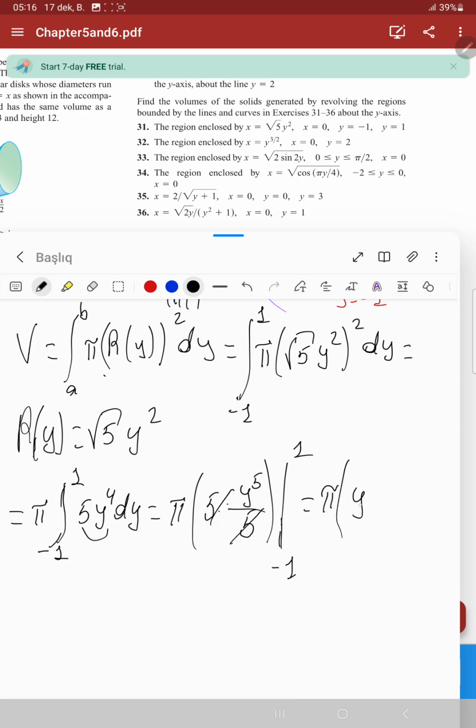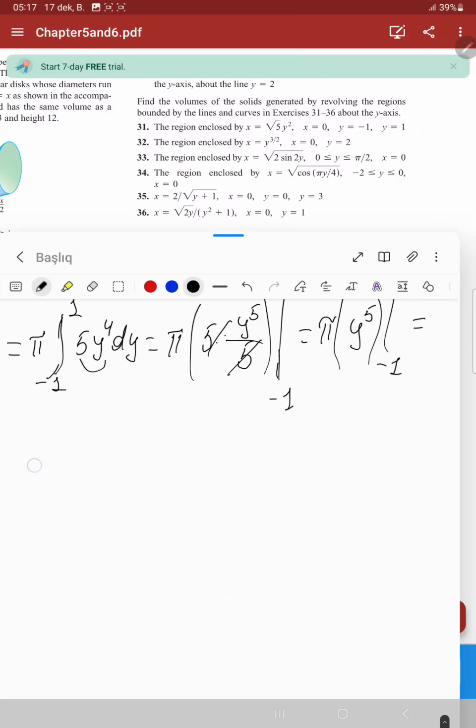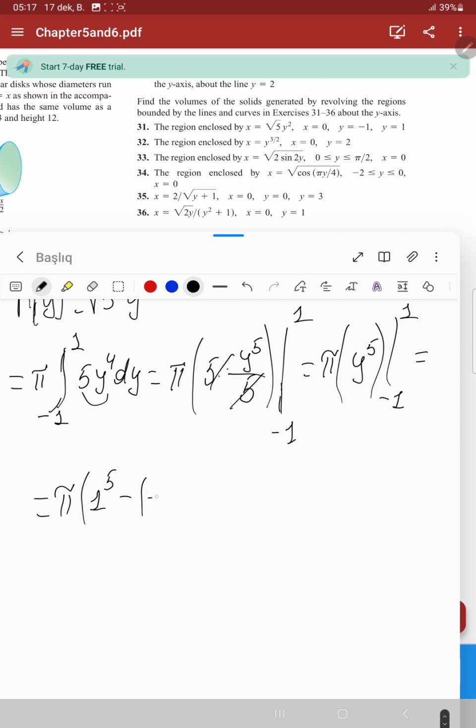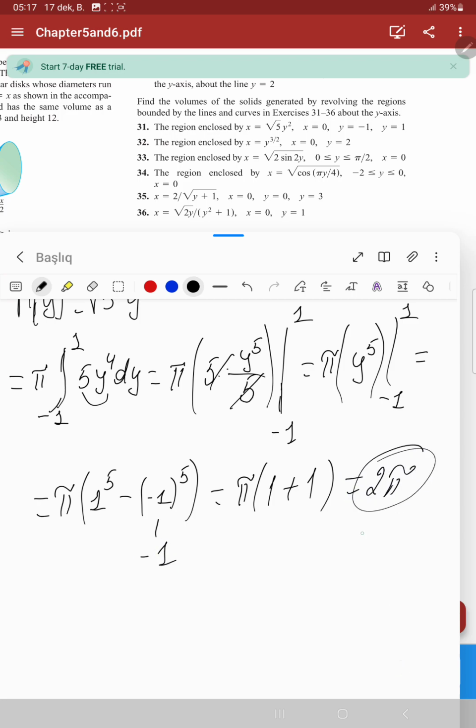Pi times y to the power of 5 from -1 till 1 equals pi times 1 to the power of 5 minus (-1) to the power of 5, equals pi times 1 plus 1, because it's -1, so 2 pi. And here's the answer. That's it.